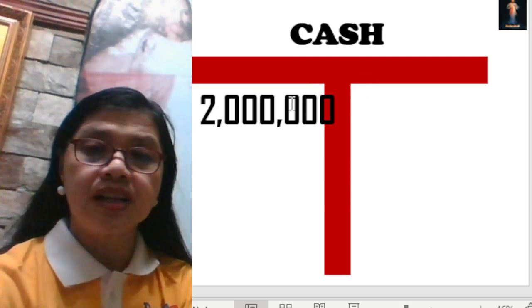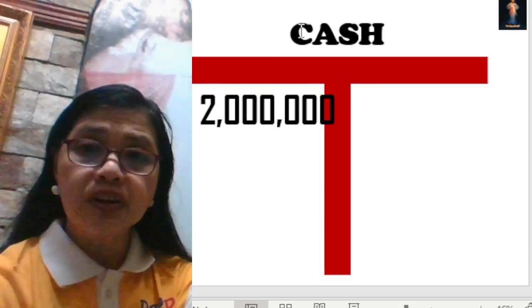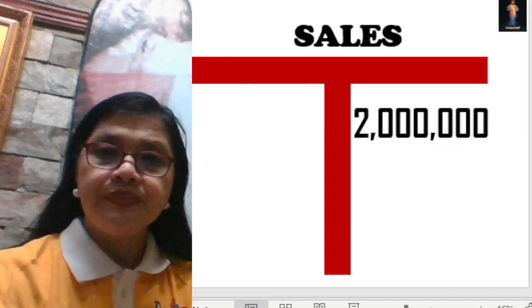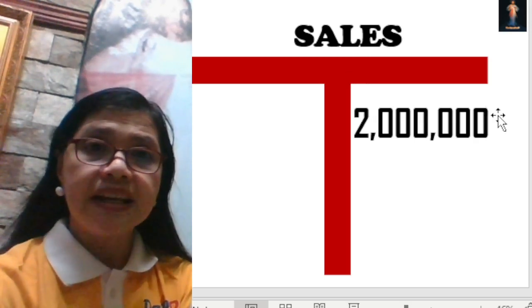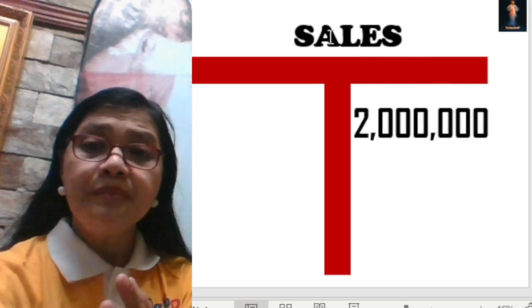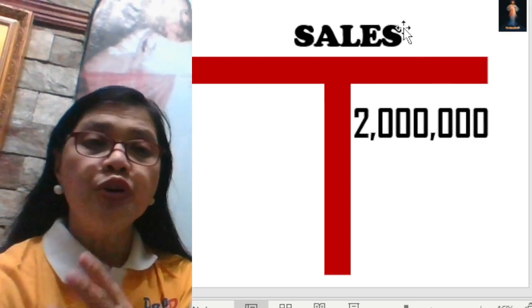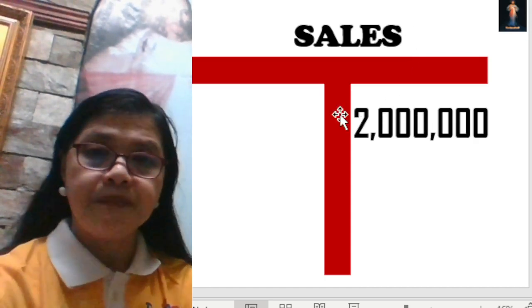Okay, in this transaction, cash of 2 million debited. Why? Because cash is an asset account. Next, sales. Why did you put sales on the credit side? Because sales has a normal credit balance.